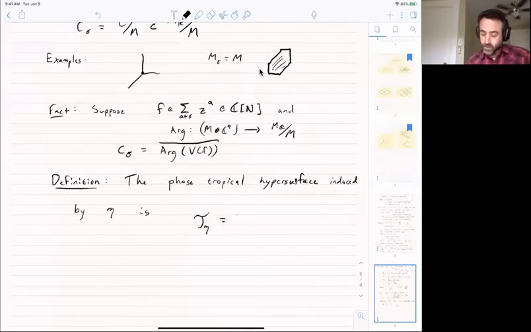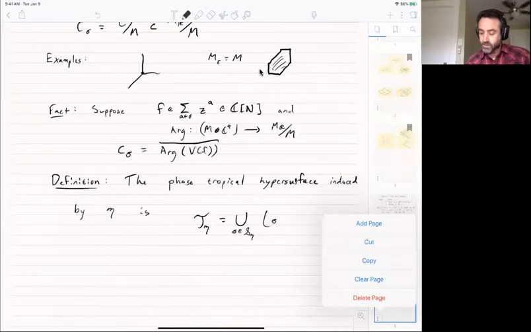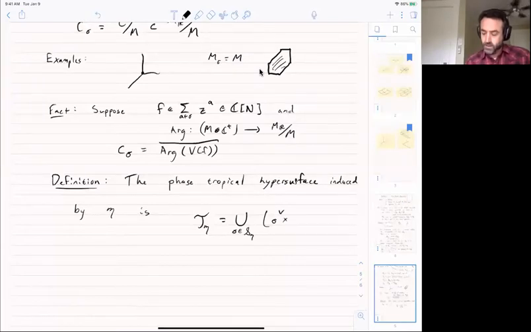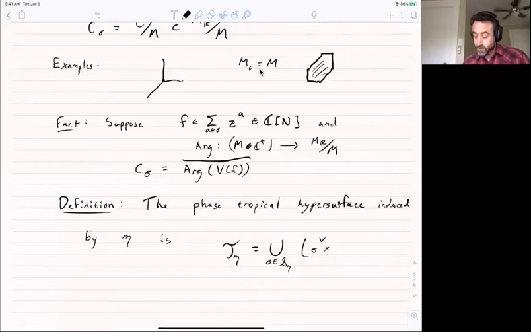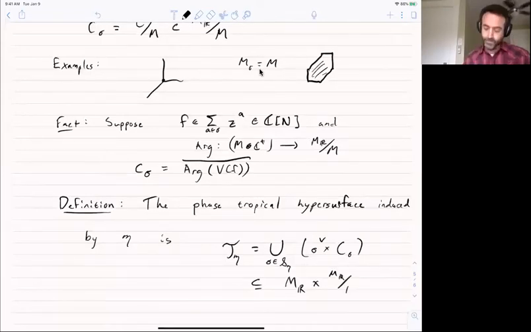That's going to be the union over all of my simplices in the subdivision given by eta, or the triangulation given by eta. And then I'll take the dual part of the polyhedral decomposition and cross that with the co-amoeba corresponding to it. So this is going to be inside of the torus, and we can write it as MR, complex torus. All right.